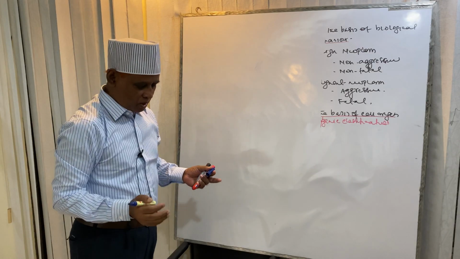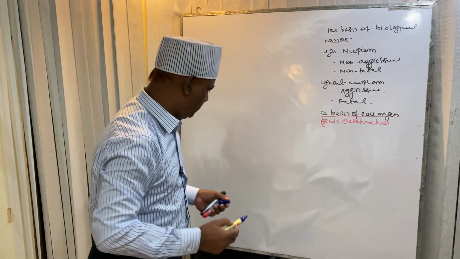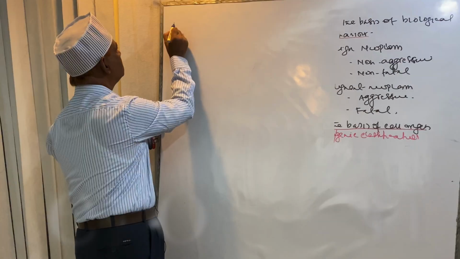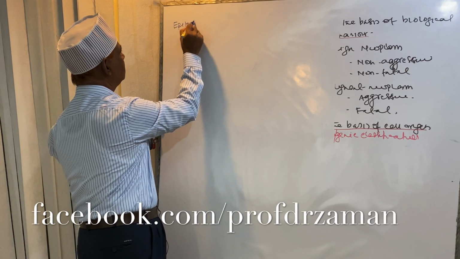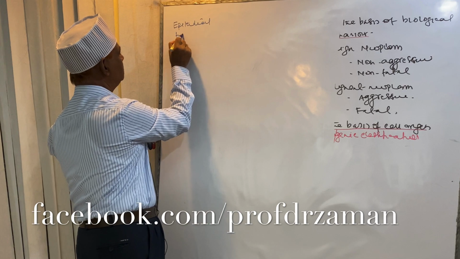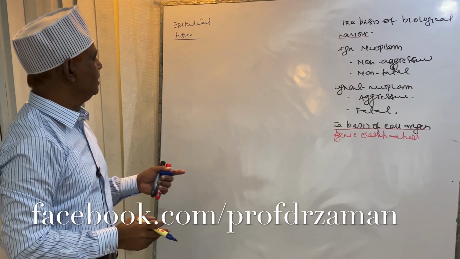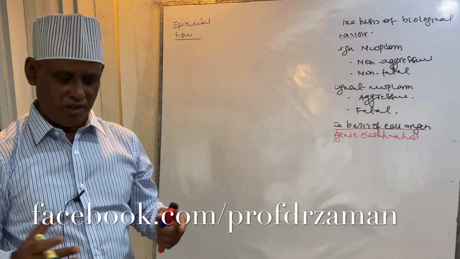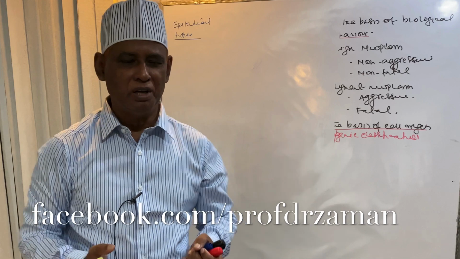On the basis of cell origin, neoplasm may arise from the epithelial tissue and neoplasm may arise from the mesenchymal tissue.